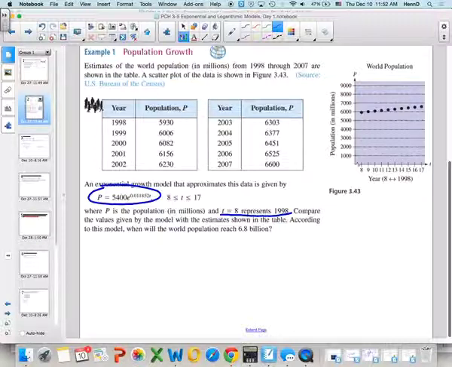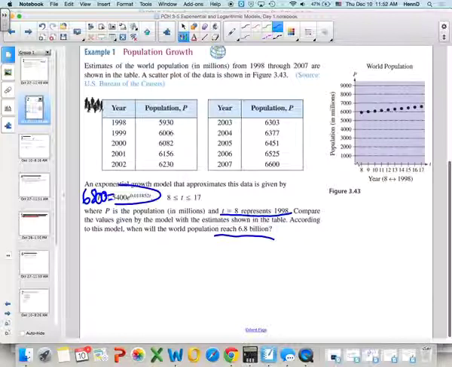Okay? You could also use this, like they ask here, when does it hit 6.8 billion people? Well, when is it? It's past 2007, but according to our model, we could set this whole thing equal to 6,800 to represent 6.8 billion people, and then we could solve that equation, okay? So that's the kind of stuff you actually have done a little bit of already in some of the word problems that we've worked with.